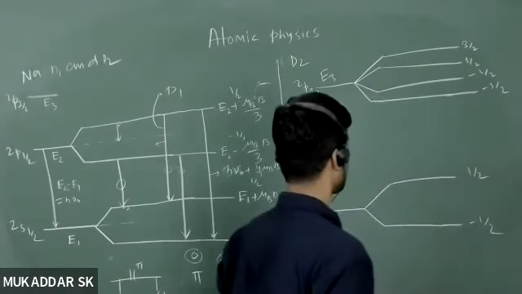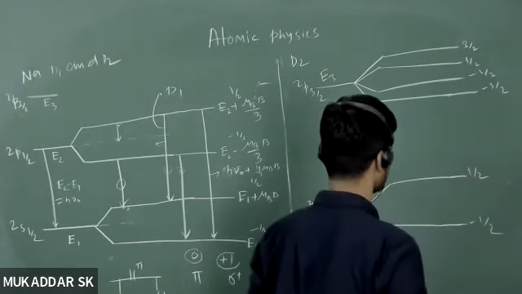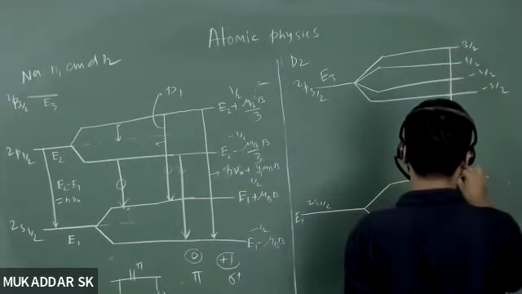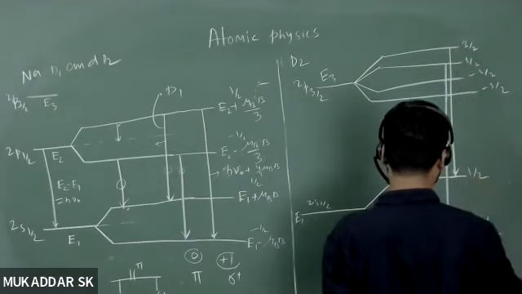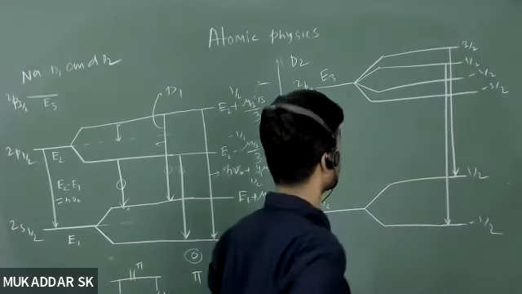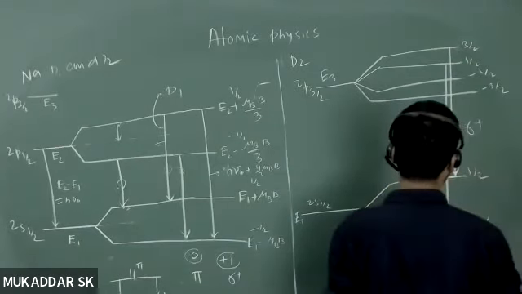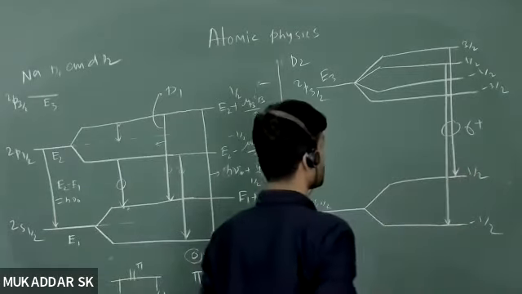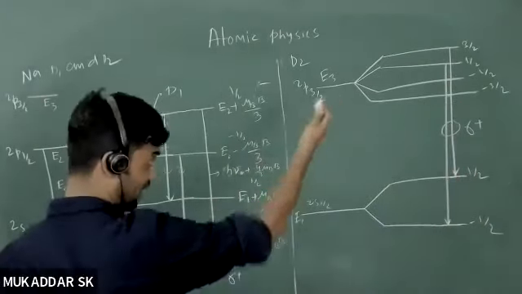Now let me check first delta mj plus 1. How many lines will you get? So 3/2 to 1/2, right? Then 1/2 to minus half. Delta mj 0. So this is basically sigma plus. I'm giving you homework: calculate the energy of these two lines. Like earlier, I have written that energy, you can write that energy there also.